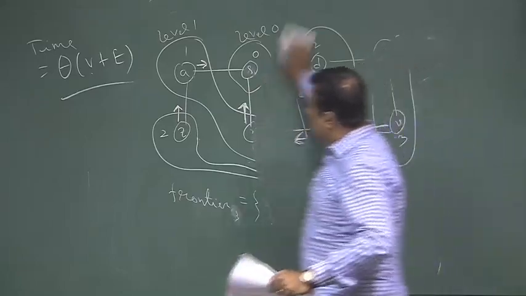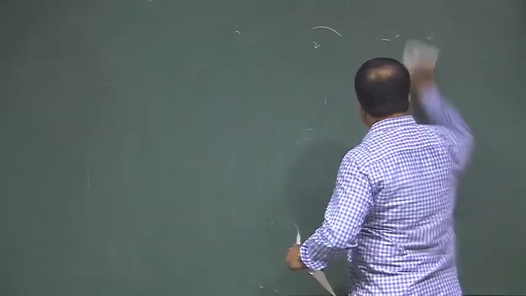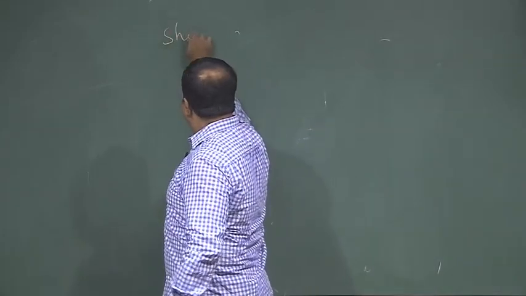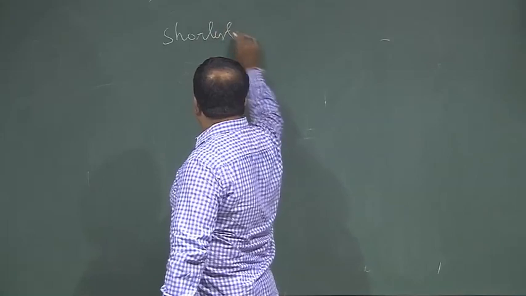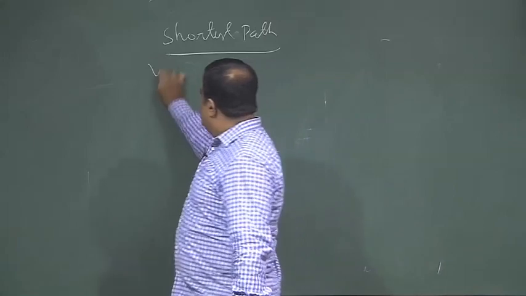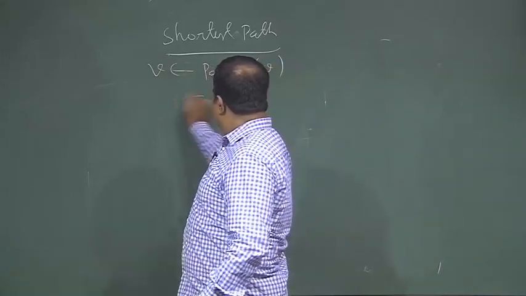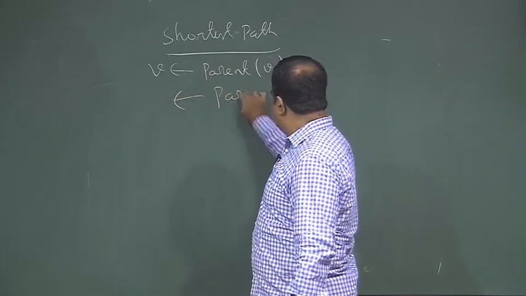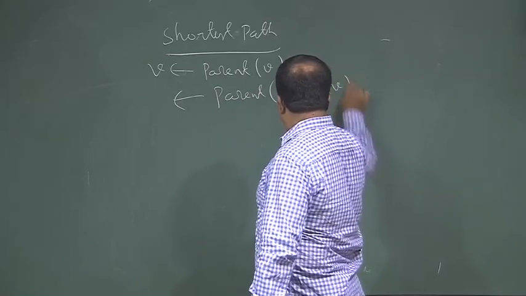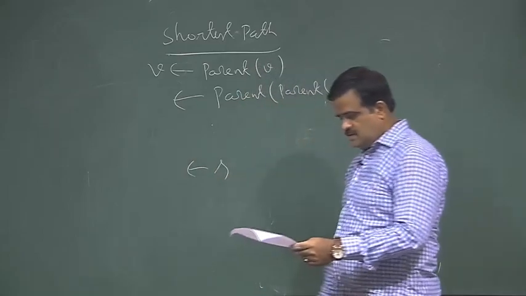So, finding the shortest path: V, now the parent of V, now again the parent of V, and so on, and finally we reach S. Okay.